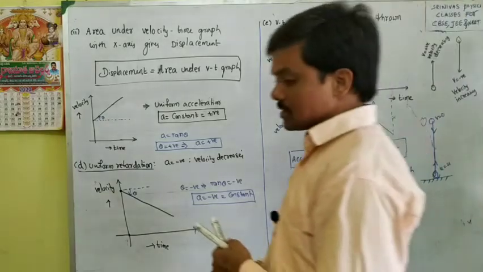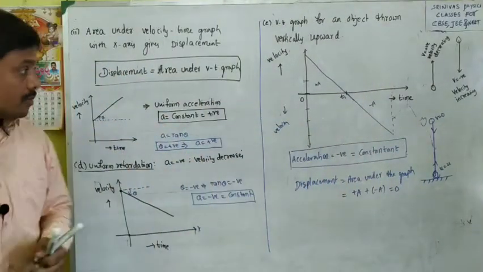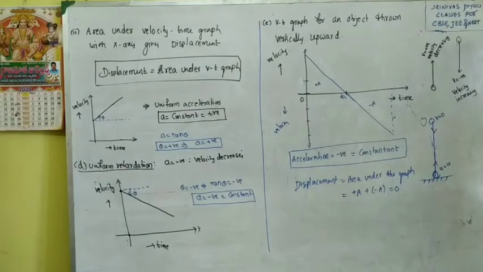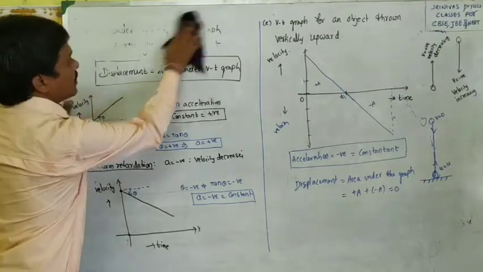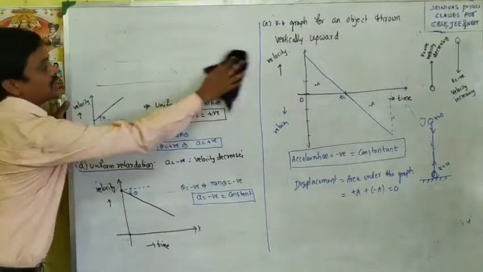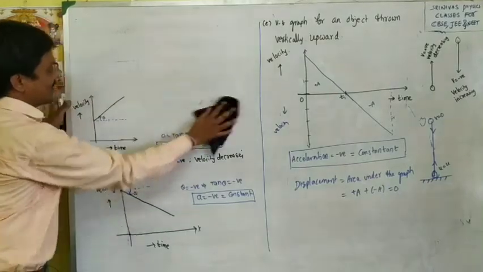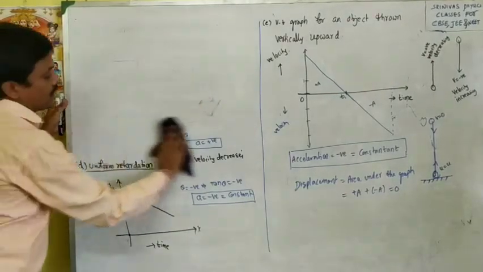Now let us see one more point. By combining all the things, if you want to combine everything, how will you get it? Take a screenshot and note it. This was a very interesting topic.